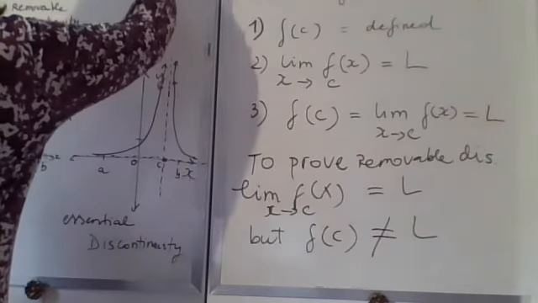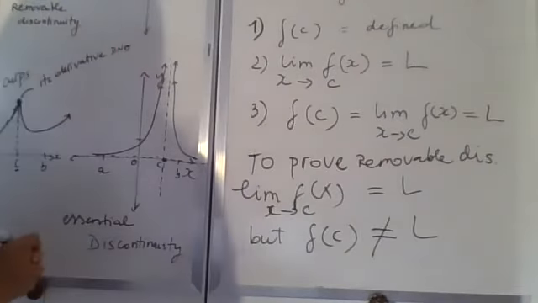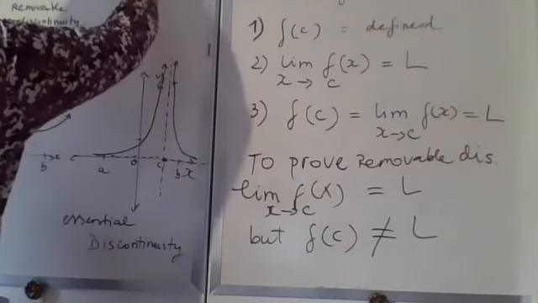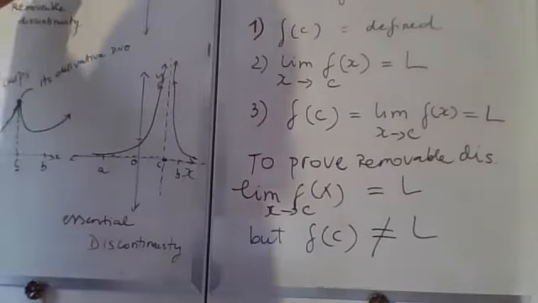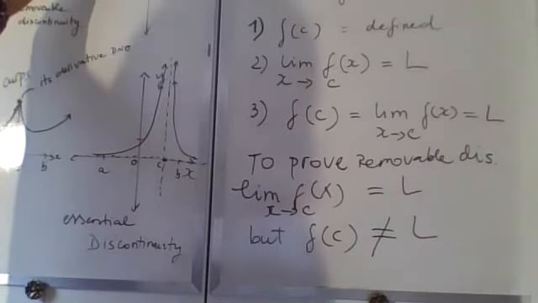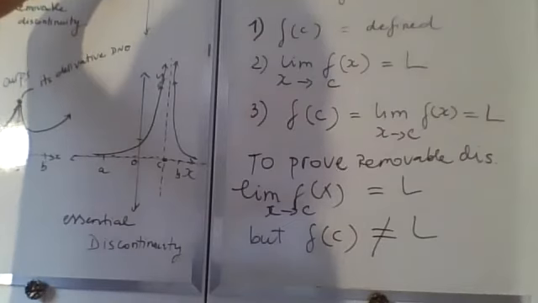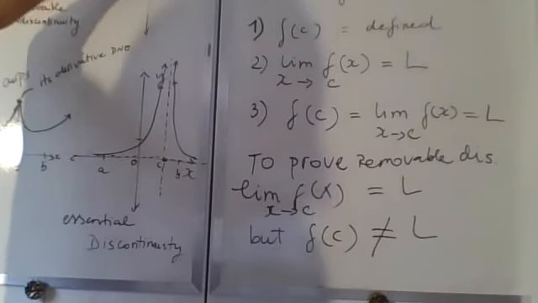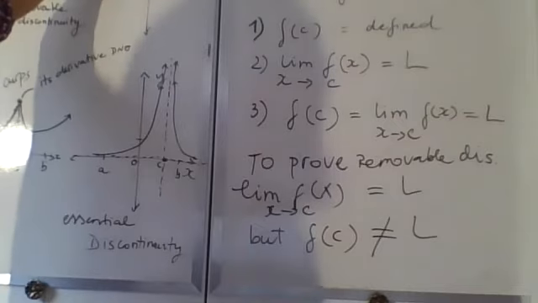Let's say you get 4 when you put the c value in. You can see that there is a gap from here to here. The limit is 2, but the y value when you plug in c equals 4, and you see in the picture the gap here.